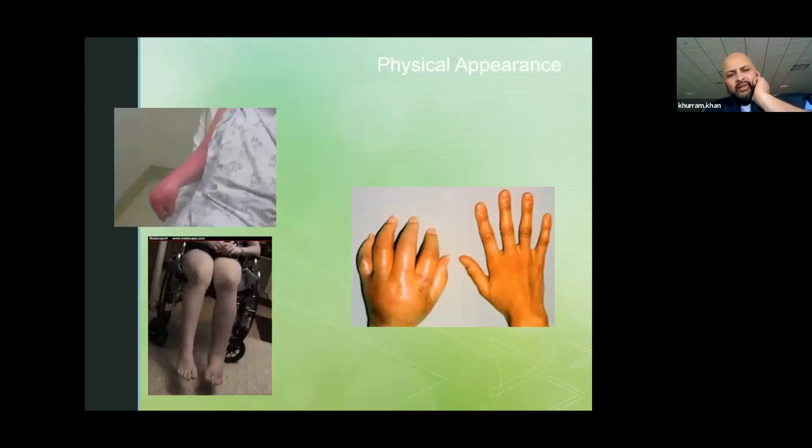That's how they present. There are motor effects, where they have dysmotility, an abnormal posture of their limbs, swelling, and erythema of the entire limb, not just one single finger or one single body part. The entire limb gets affected.